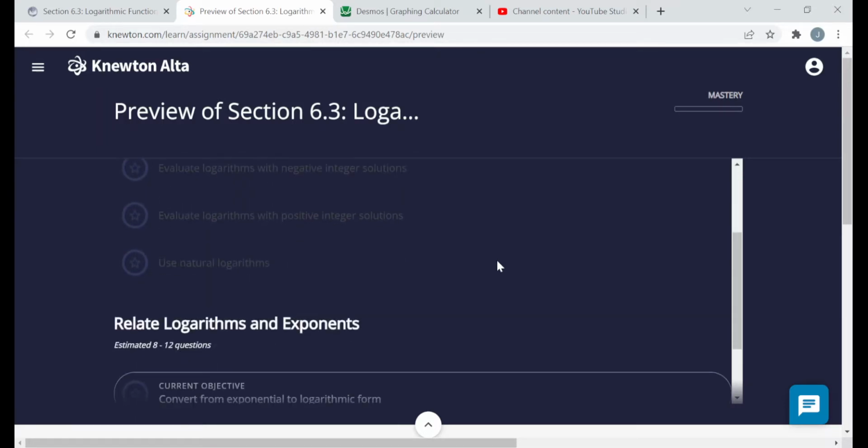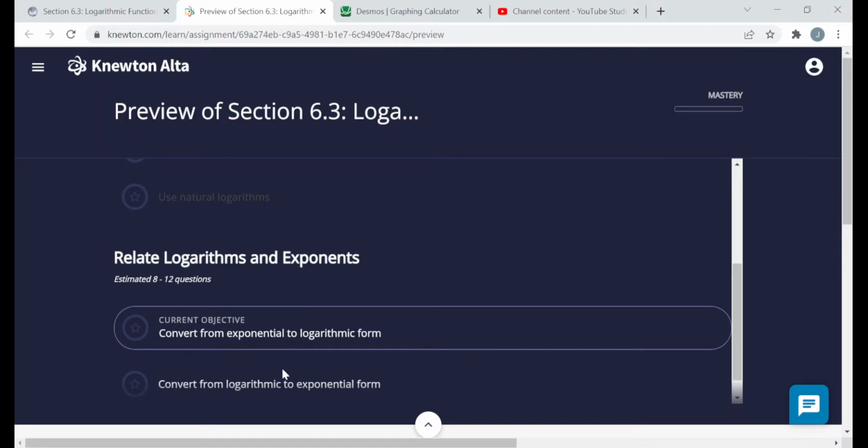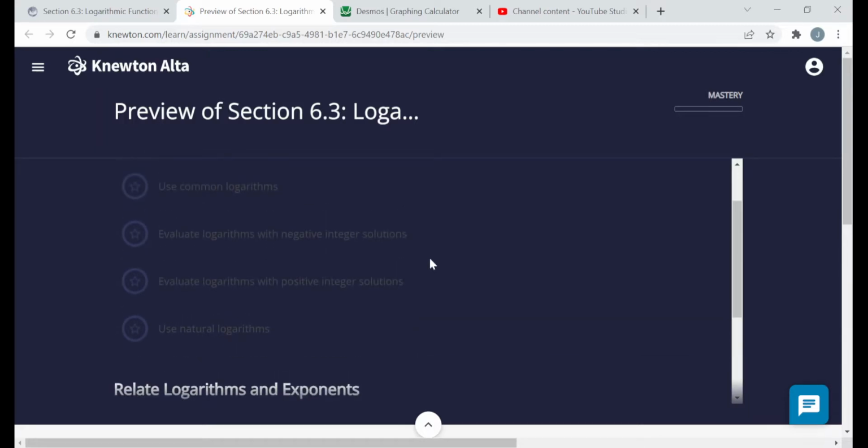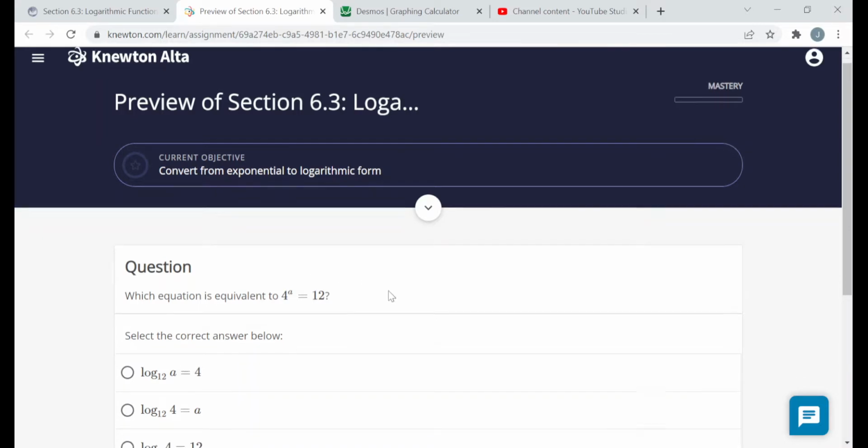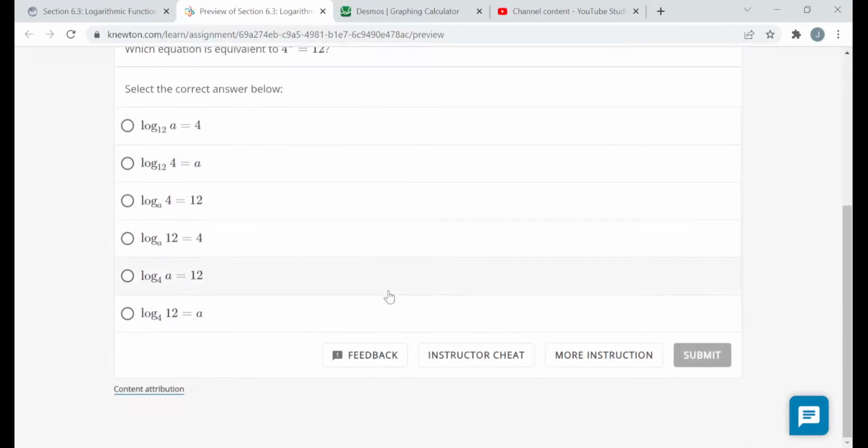It looks like they're broken up into sections, so you're doing these 2 first and then completing these 4. Then under the current objective, there should be a question related to that objective. At the bottom of every question, you'll see a feedback button where you can send feedback to Knewton if you wish.